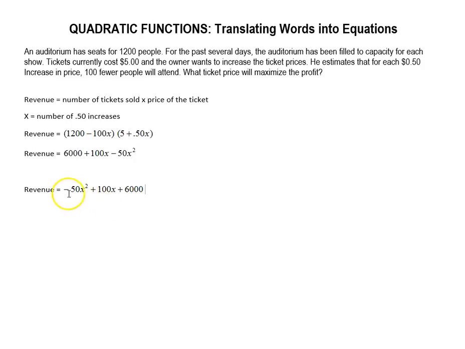So I can just do A is equal to negative 50, B is equal to 100, C is equal to 6,000, and I would be able to tell with the vertex formula what the maximum profit would be, right? Because the X would be the number of 50% price increases, but the Y would equal the revenue. And so wherever it's maximum, which would be at the vertex, right? So let's see that. We can put that in Desmos.